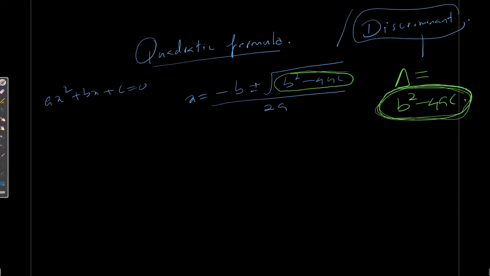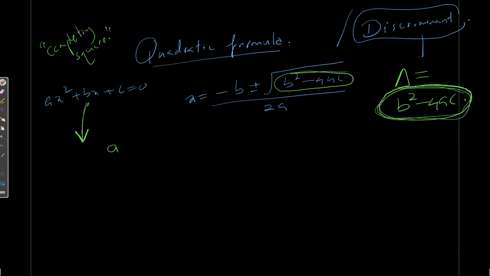Now, let's see why this happens. In order to do that, you need to recall that when we were learning factoring equations, we learned something known as completing the square. You must remember that. Now, let me show you how this comes. ax squared plus bx plus c.